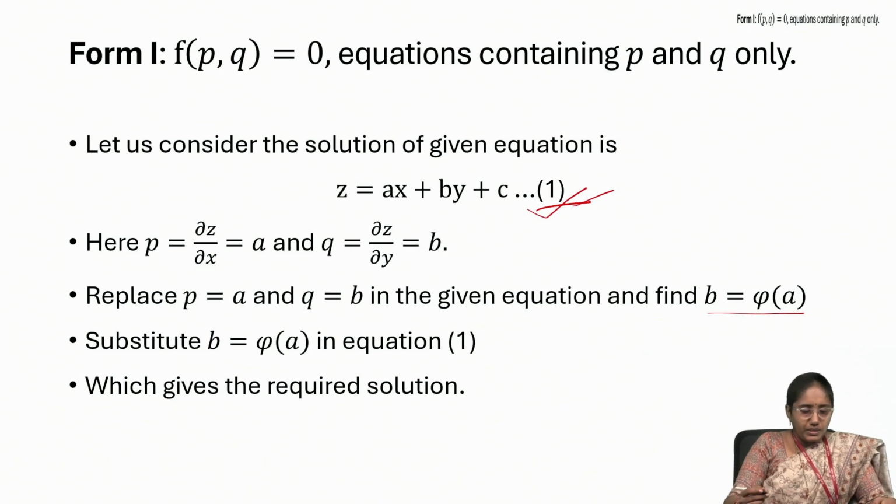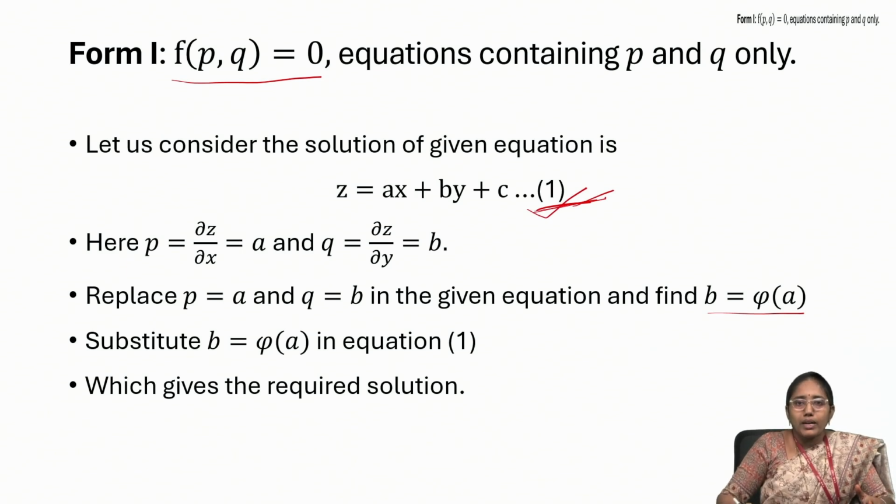Now, method 1. This is when the given equation is in the form f of p comma q equals 0. That means an equation having only p and q, without any other variables. If it is like that, then consider the solution z equals ax plus by plus c.